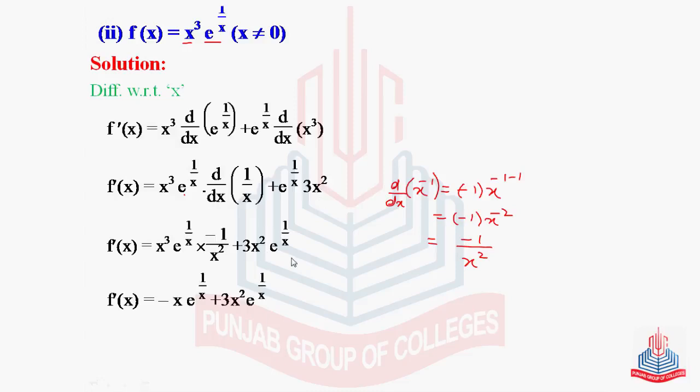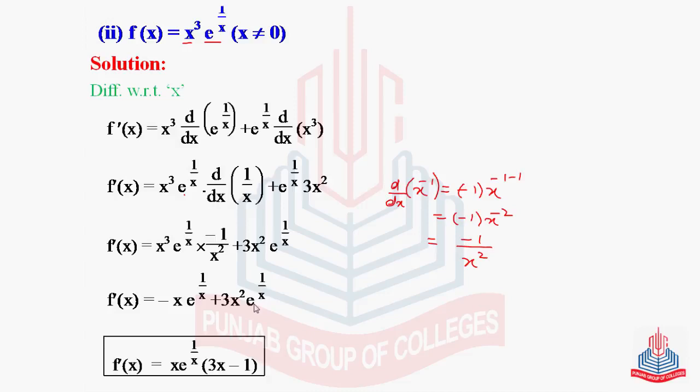By simplifying this x cube with x square, that will become just x, this minus will be here, and e raised to the power 1 over x as it is, and the second term will remain the same, 3x square e raised to the power 1 over x.